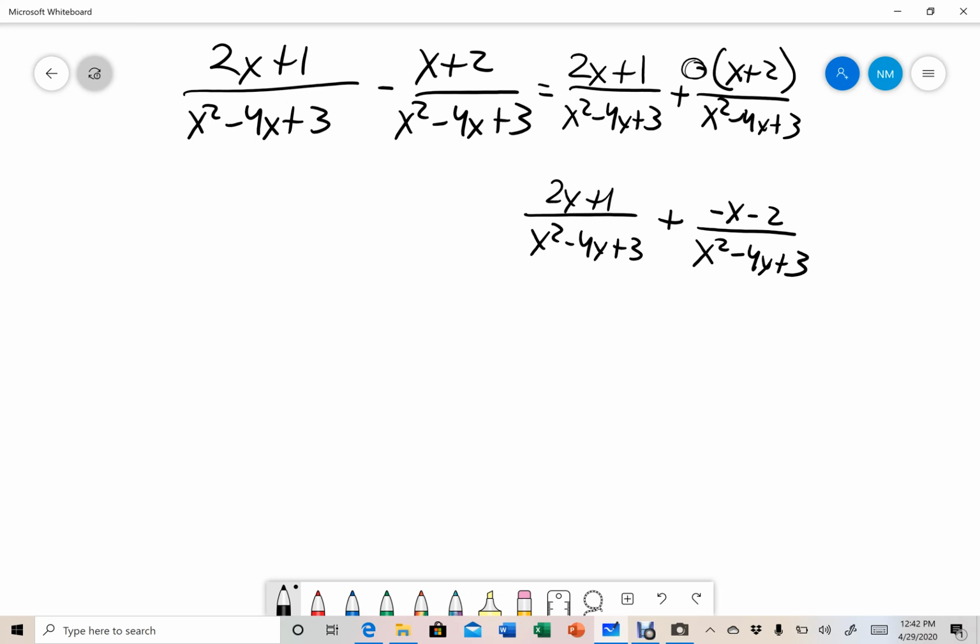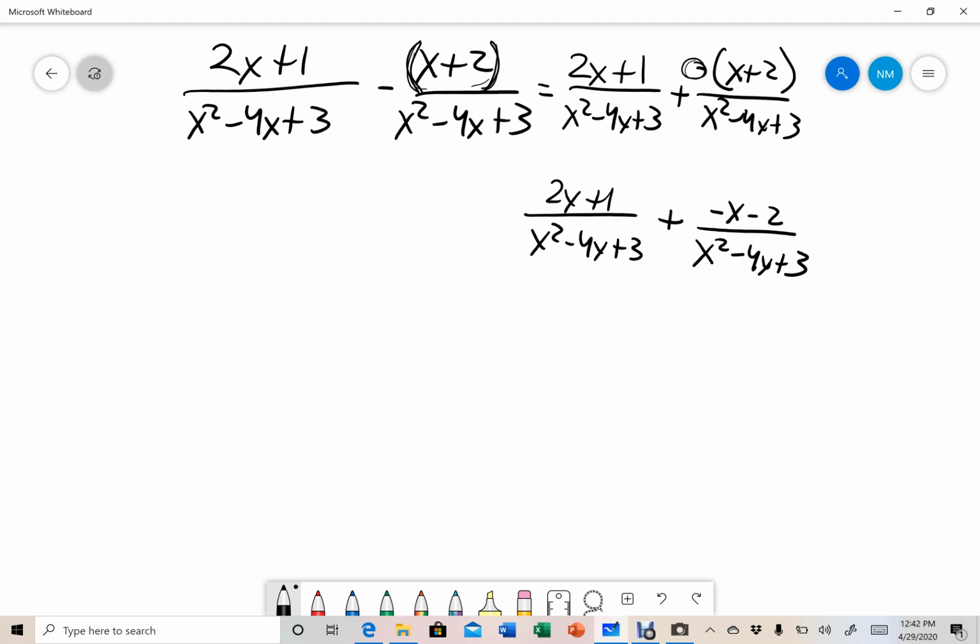When I've got a negative outside of a parenthesis, then every sign inside gets changed. And the reason why we put this in a parenthesis is because x plus 2 is together. I can't just put negative x plus 2. The whole thing is negative.